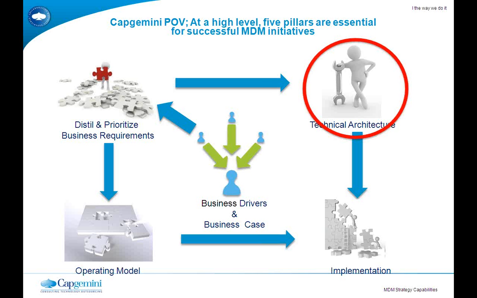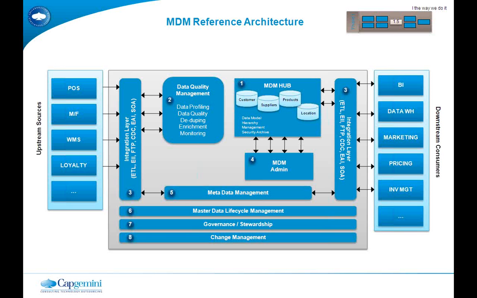The fourth pillar, technology architecture. As I mentioned before, if we do all these other things correctly, we've put the processes in place that should minimize the amount of technology we need in order to do effective MDM. So from a Capgemini perspective, we've got an MDM reference architecture that we utilize.